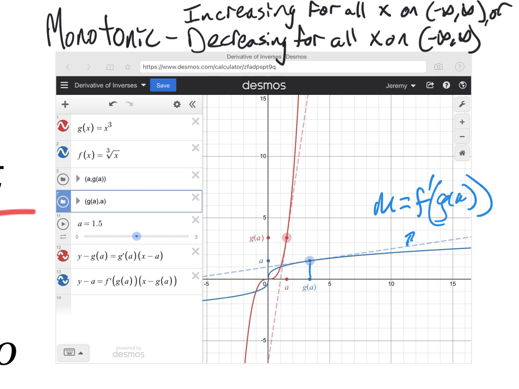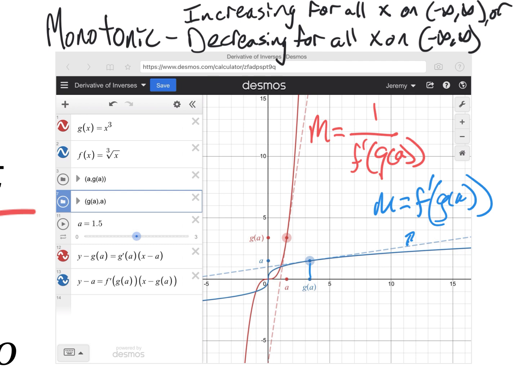So this is f prime at g of a. Well, if that's the case, then the red slope is going to be 1 over the derivative of f at g of a. Again, we're plugging in the old y value because the y value of g is the x value of f.